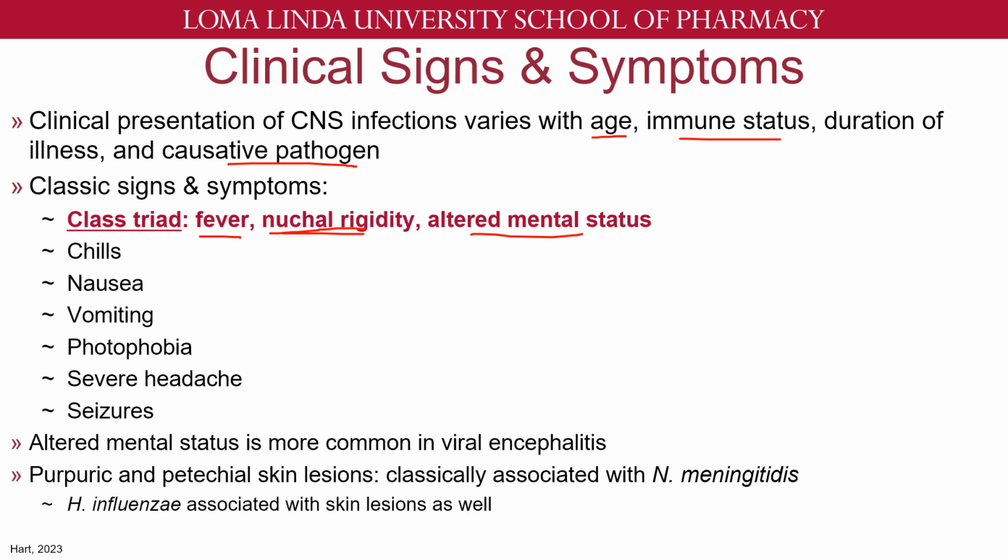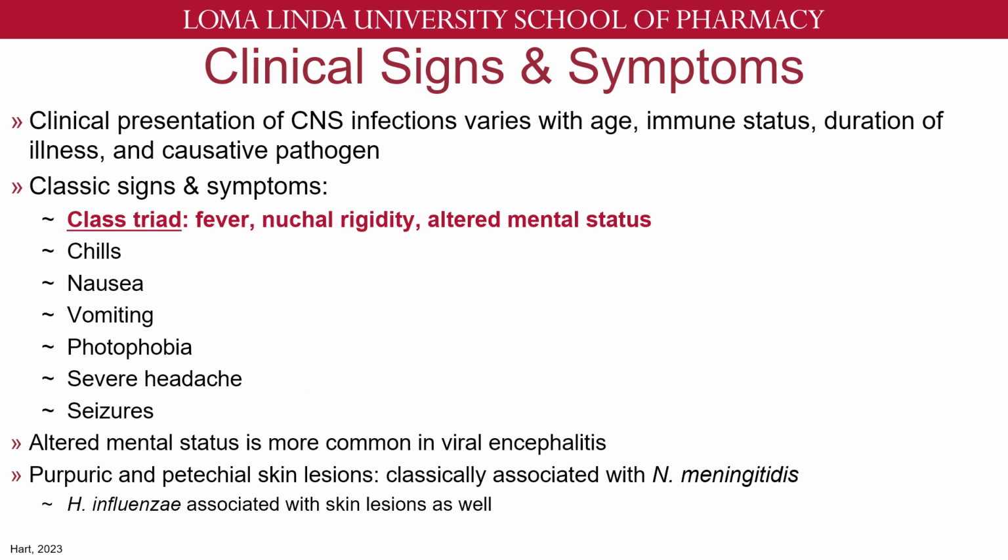So it's always important to correlate the other signs and symptoms in the classic triad, especially altered mental status, especially high fevers, in addition to everything else down here: chills, nausea, vomiting, photophobia, severe headache, seizures, to help suspect if this patient truly does have bacterial meningitis. Because the last thing you want to do is look at someone who says, yeah, my neck is a little stiff, and you start throwing a bunch of antibiotics and antivirals at them.